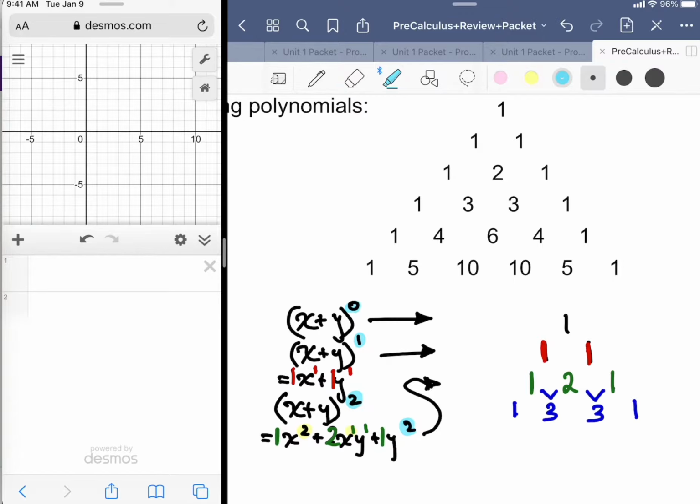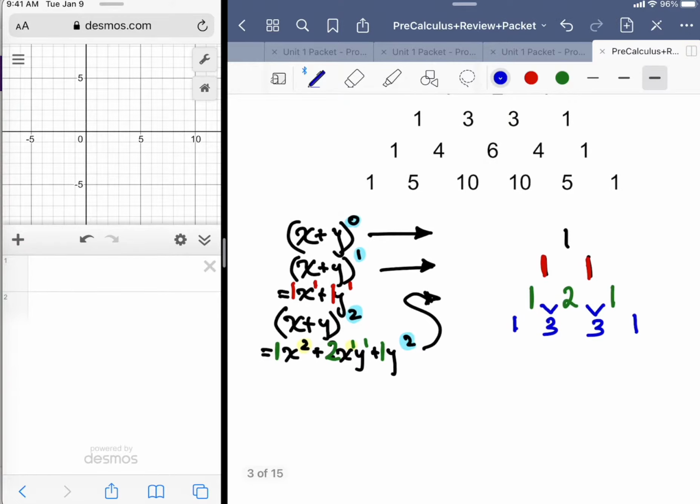All right? So using that idea, we can work backwards. I'm going to start off with an x to the third, because this is really x plus y to the third. That's what we're looking for. So for consistency, we would want to write both.